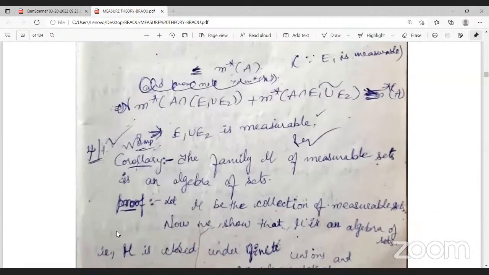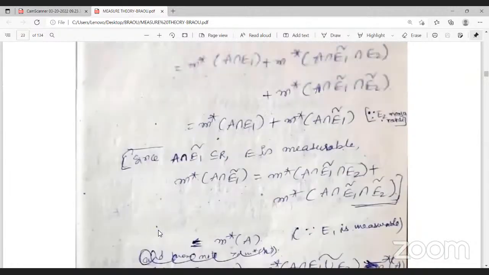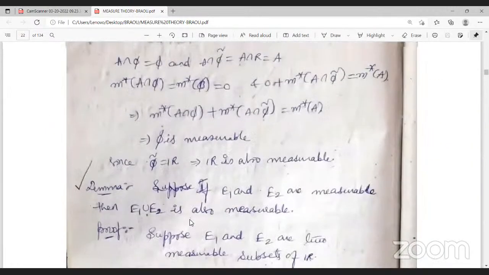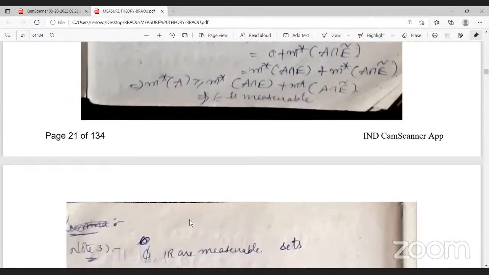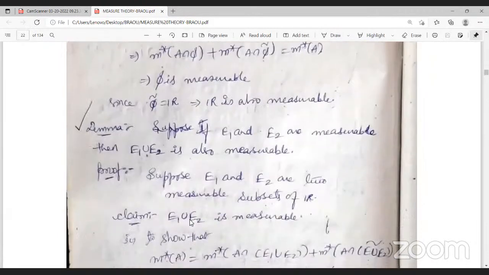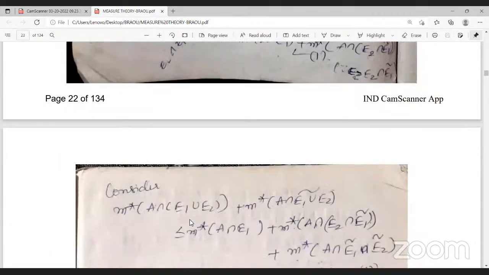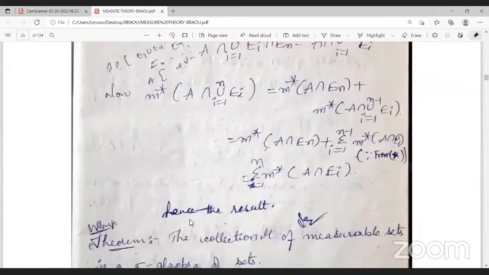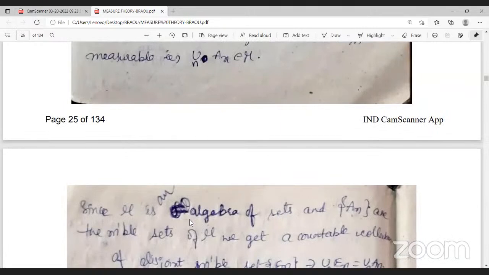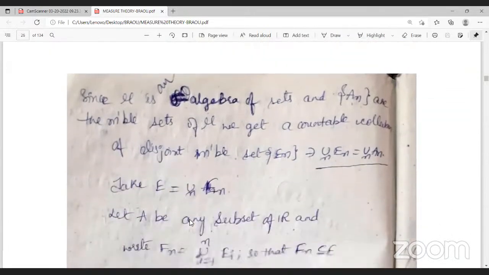This is the kernel, the family of pairwise disjoint sets. Now, since they are pairwise disjoint, the measure of E1 union E2 equals M of E1 plus M of E2. Are you writing? Yes, sir.